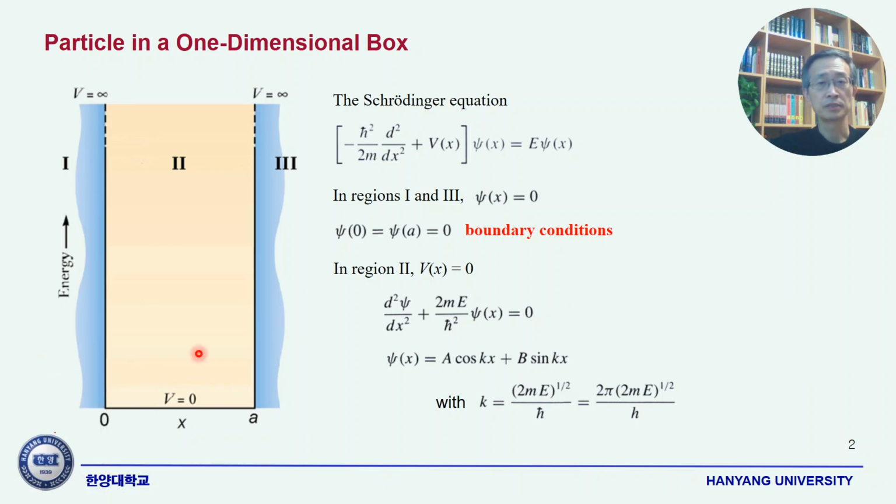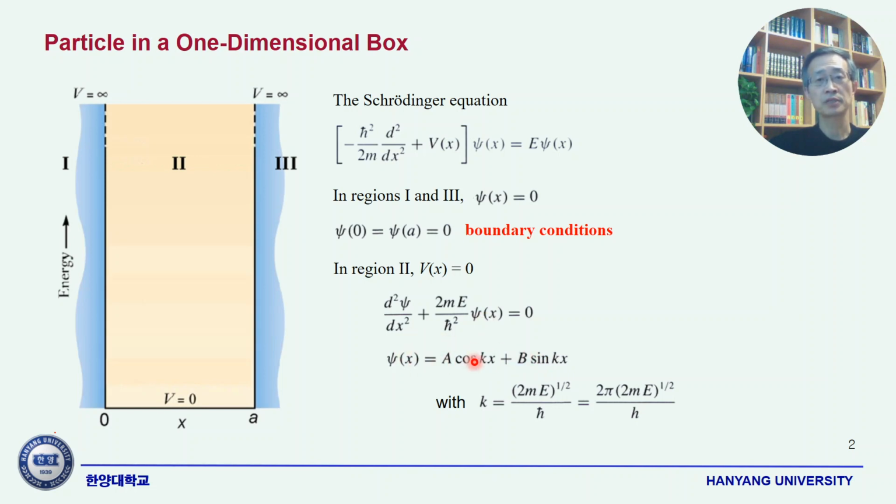We notice that we take the derivative of psi twice and get the same psi back multiplied by a constant. A cosine or sine function does exactly that.